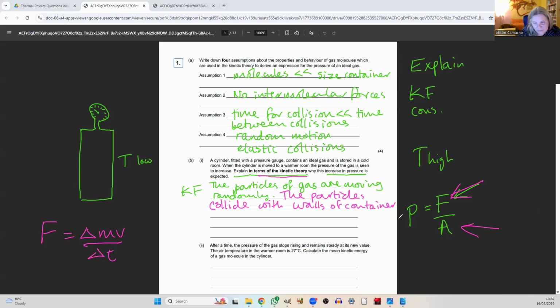So the particles collide with the walls of the container and their momentum changes. So there's a force on the particle. Then Newton's third law says there's an equal and opposite force on the wall.